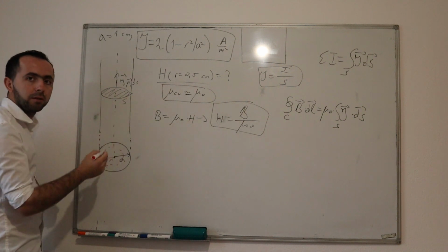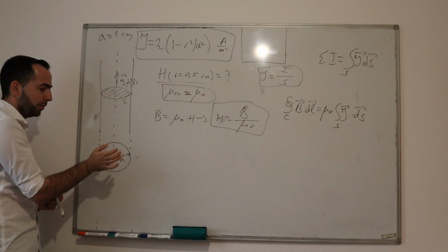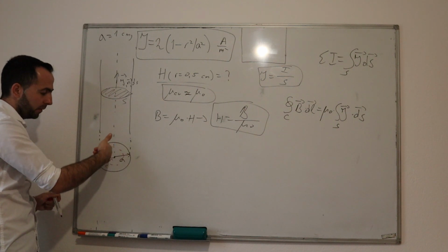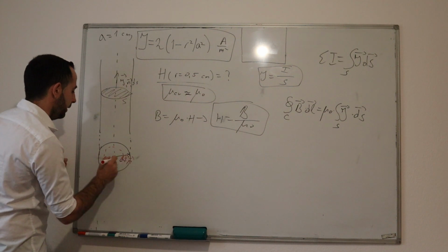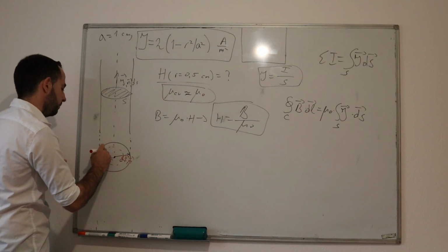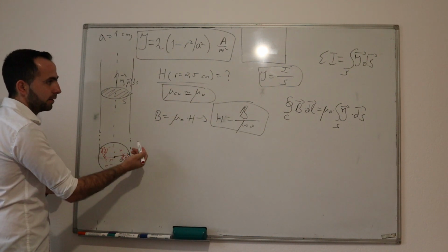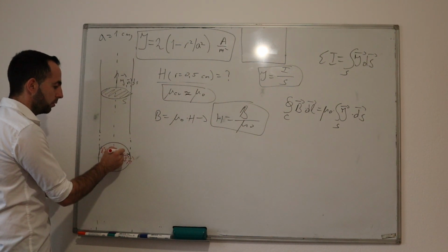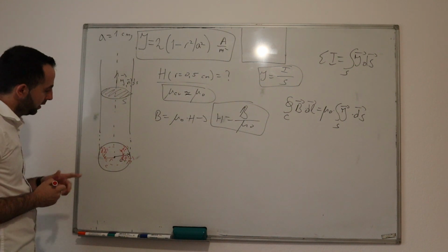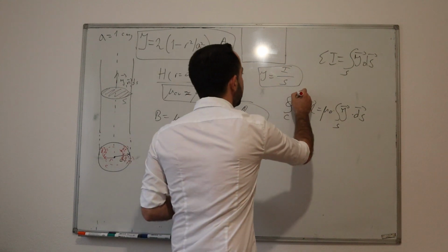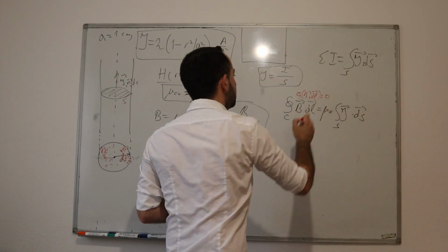We need to determine the vectors B and dl. Because the current goes up, this is the direction of our magnetic field B and H. And this is the length element of our closed contour, dl, which means the angle between B and dl is 0.